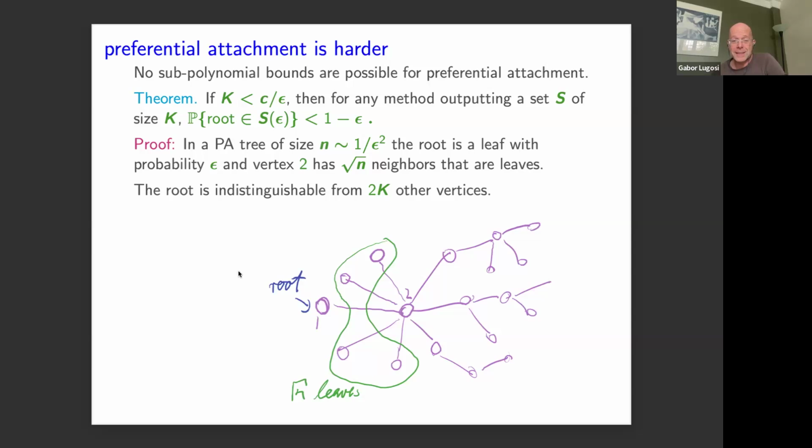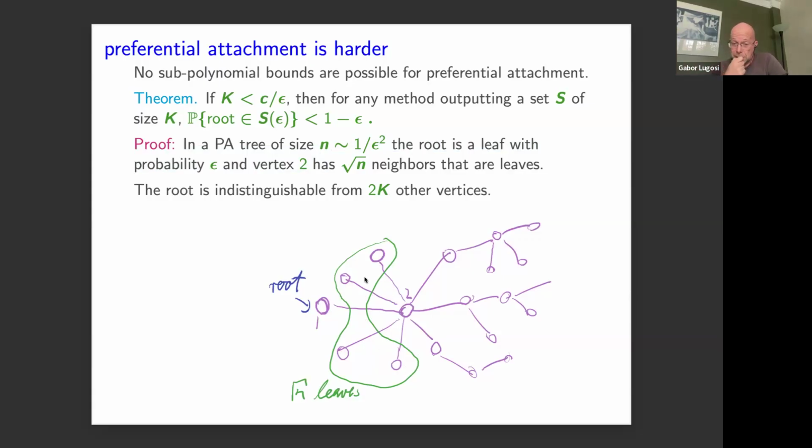And the reason for this is that in a preferential attachment tree, the following can happen with kind of high probability, with probability at least epsilon. If the tree has size 1 over epsilon squared, then it can happen that the root is still a leaf. And moreover, Eve will have about square root of n neighbors, and many of them will be leaves. Most of them will actually be leaves.